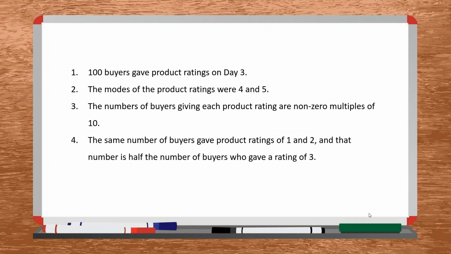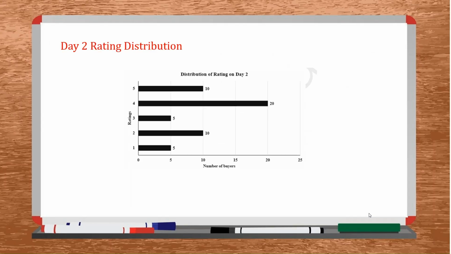That means the ratings 4 and 5 were given by the same number of buyers, and that number was the maximum, because that is what mode is. Then all the buyer counts for each product rating are non-zero multiples of 10, and the same number of buyers have given product ratings of 1 and 2, and that number is half the number of buyers who gave a rating of 3.